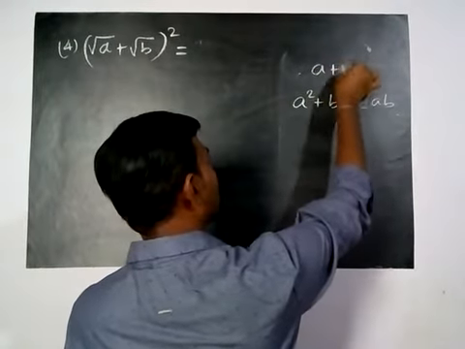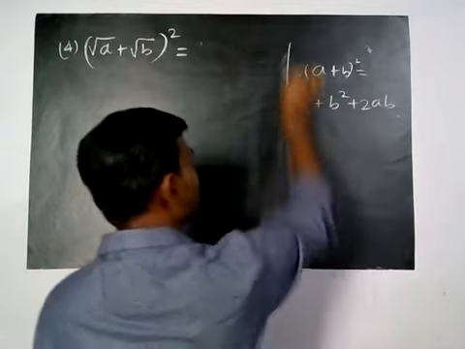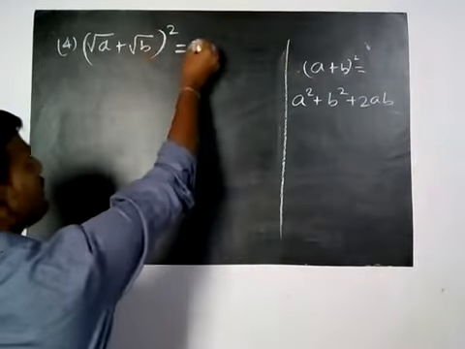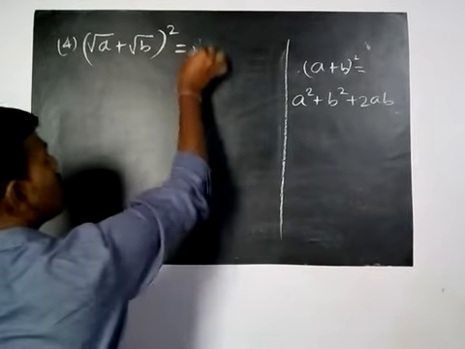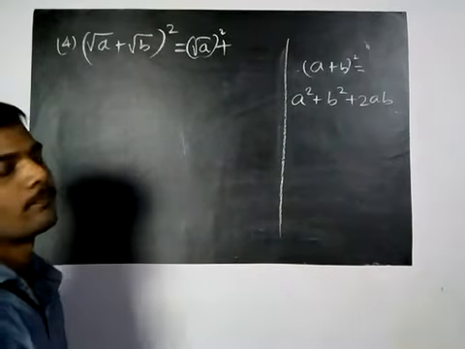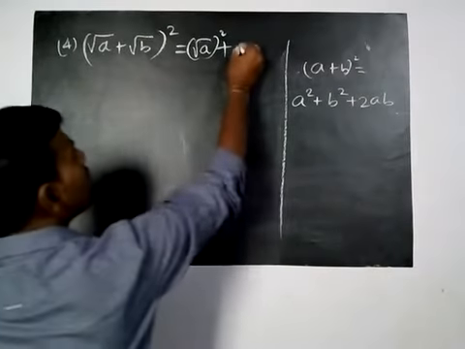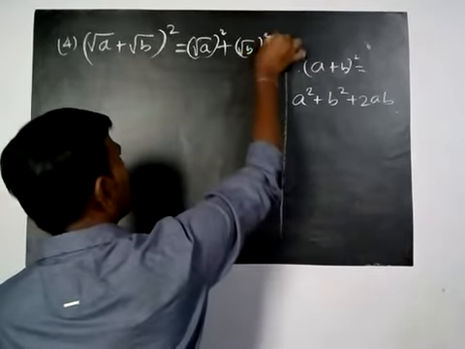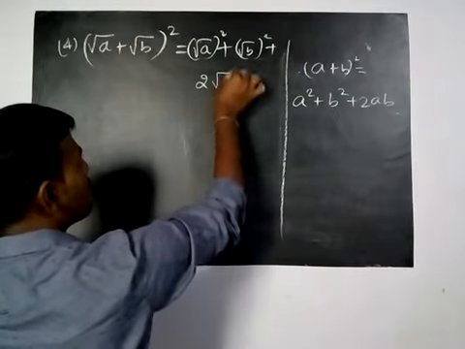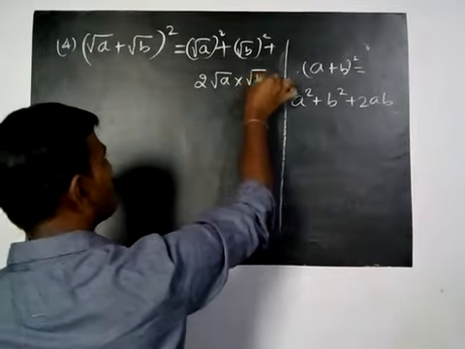Like this here, a square means root a whole square, plus root b whole square, plus 2 into root a into root b.